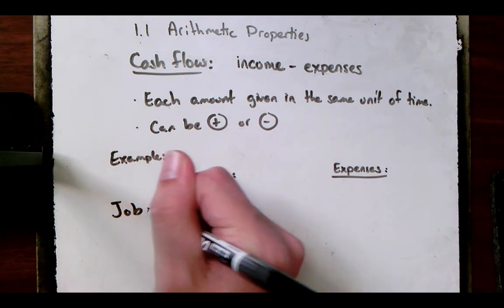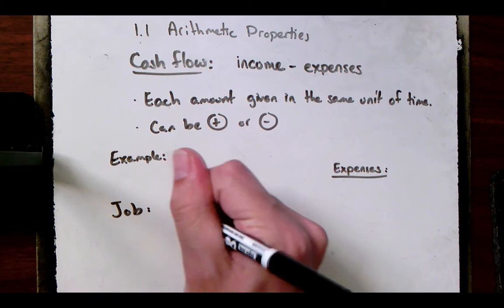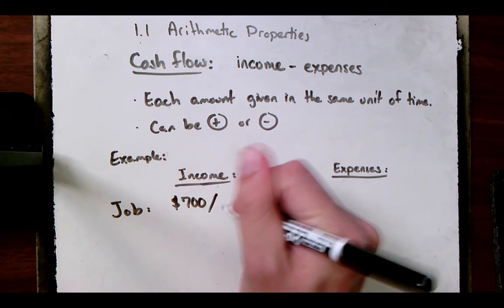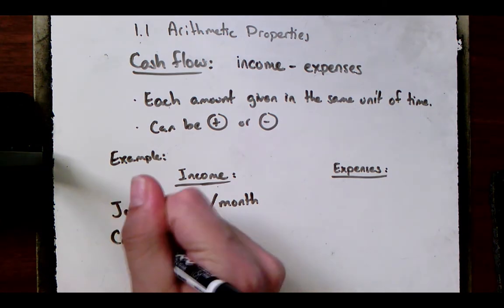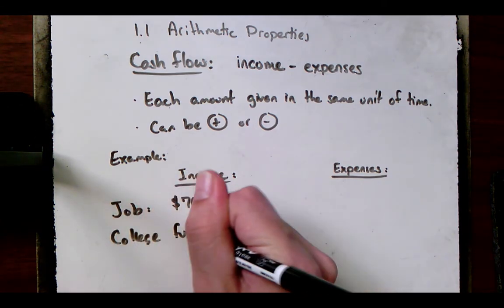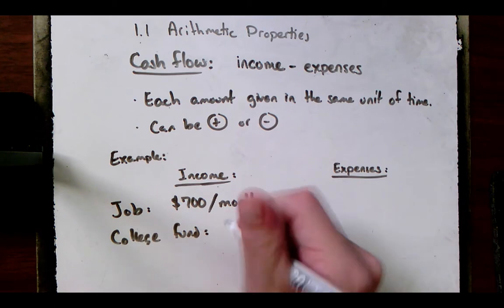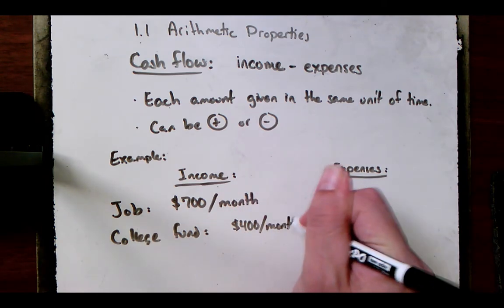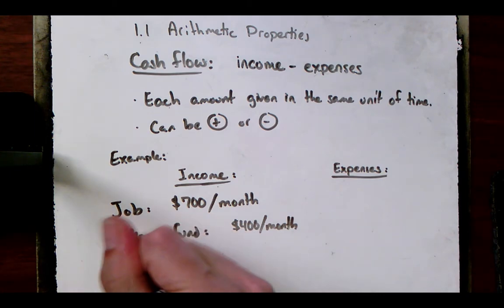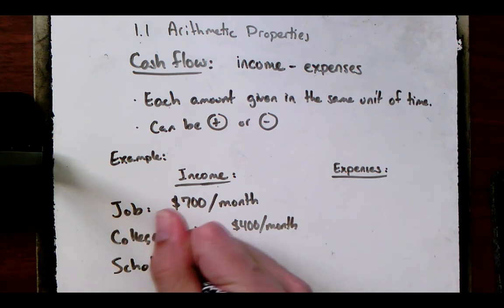So we got a job, let's say, is $700 a month. We got a college fund. Somebody saved some money for you, and they said, "Hey, here's your college fund." We got a scholarship because you're smart.